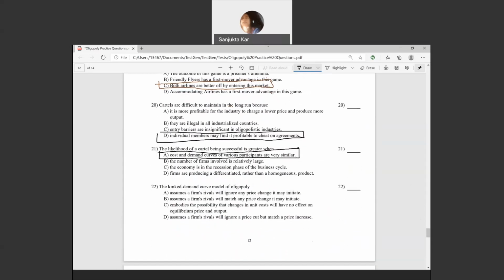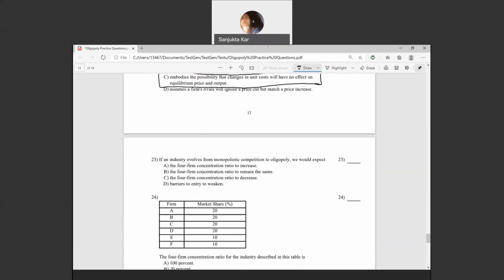The kinked demand curve model of oligopoly embodies the possibility that changes in unit costs will have no effect on equilibrium price and output. Definitely. Question number 23. If an industry evolves from monopolistic competition to oligopoly, we would expect the 4-firm concentration ratio to increase because the firms will have a higher market share.